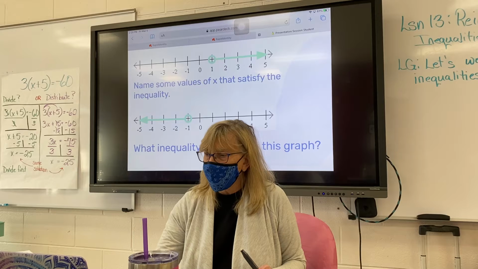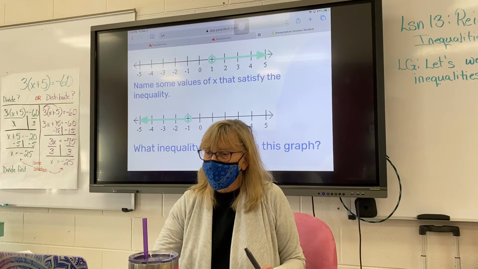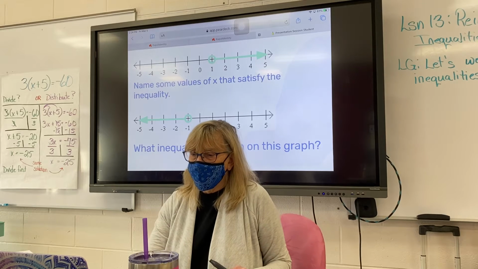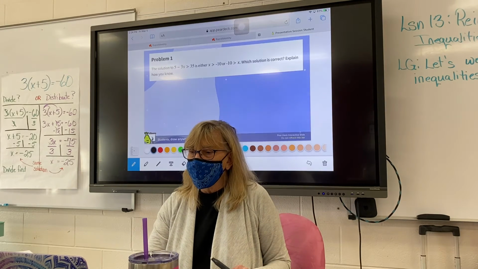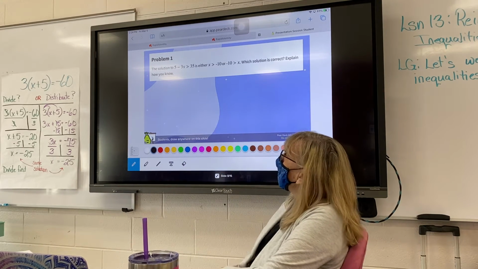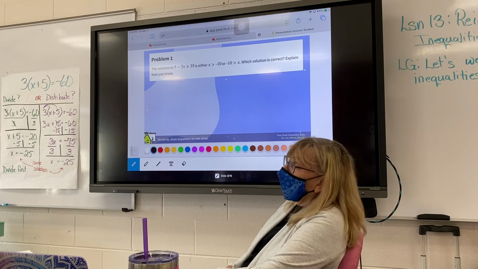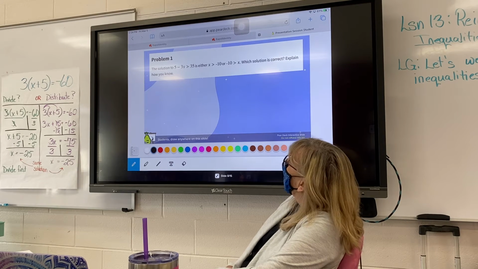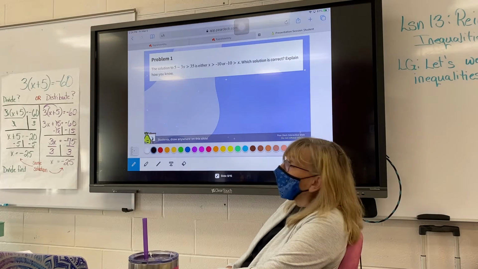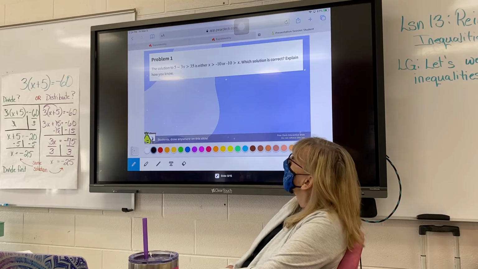Onward we move to practice problems. Is it okay if we write it on paper? Yes, that's fine with me, whatever you want to do. All right, the solution to 5 minus 3x greater than 35 is either x is greater than negative 10 or negative 10 is greater than x.